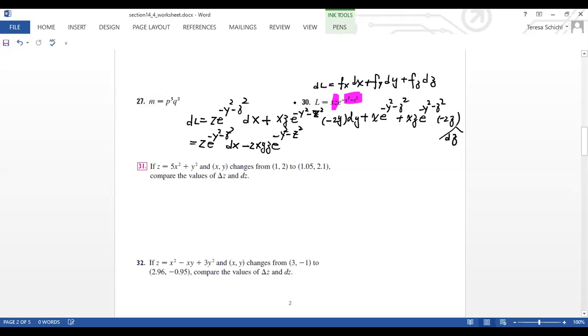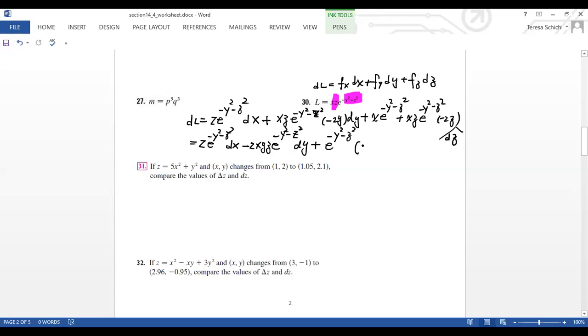This is z, right? So this one is xyz e to the negative y squared minus z squared dy, then plus the dz. Okay, so for dz, I can factor this one, e to the negative y squared minus z squared.